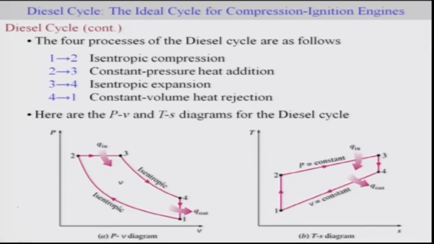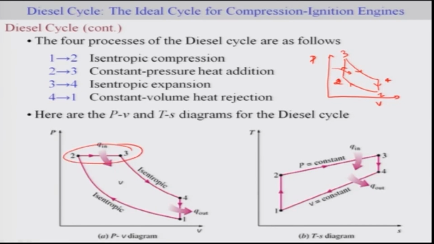So, as I said, for the case of the Otto cycle, you have this kind of process. On the other hand, for the case of the diesel cycle, the process 2 to 3, which is our heat in, is now at constant pressure.